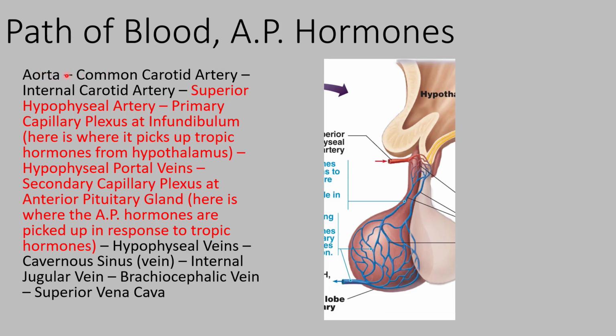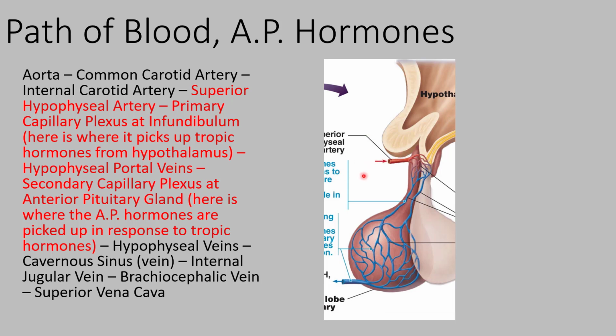So blood branches from the aorta into the common carotid artery in the neck to the internal carotid artery, which is now going to go towards a specific part of the brain. From there, we're going to leave the internal carotid artery to the superior hypophyseal artery.